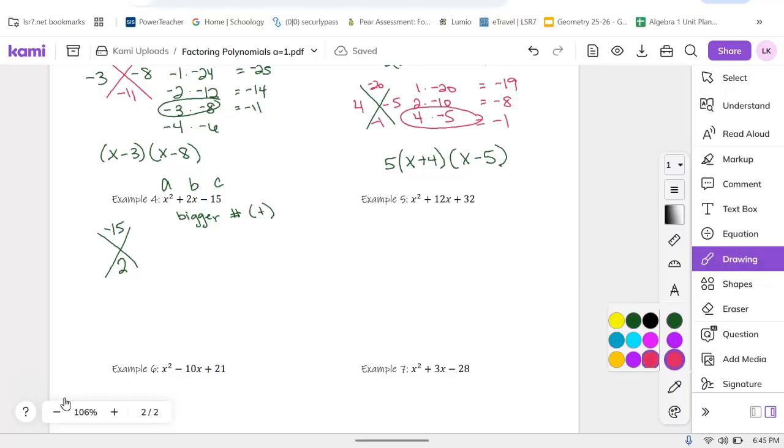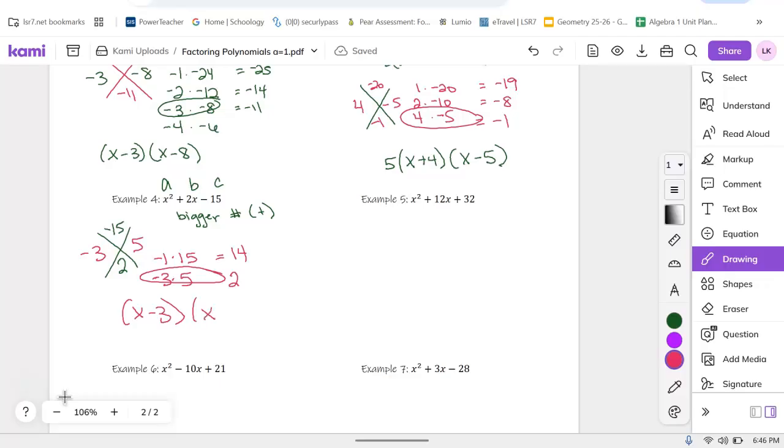So I have negative 1 times 15, negative 3 times 5. Negative 1 plus 15 is going to be 14, and negative 3 plus 5 is positive 2. So my answer is negative 3 and 5. Then I have x minus 3, x plus 5.